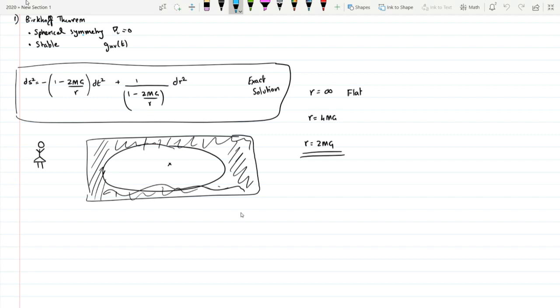But there's a way to show this classically, which is lazy, not completely rigorous, but it works for our purposes. I'm going to show you that in a bit, but I want to get to the interesting section first. So can you see at r is equal to 2MG we have something strange going on, that the equation tends to 0.